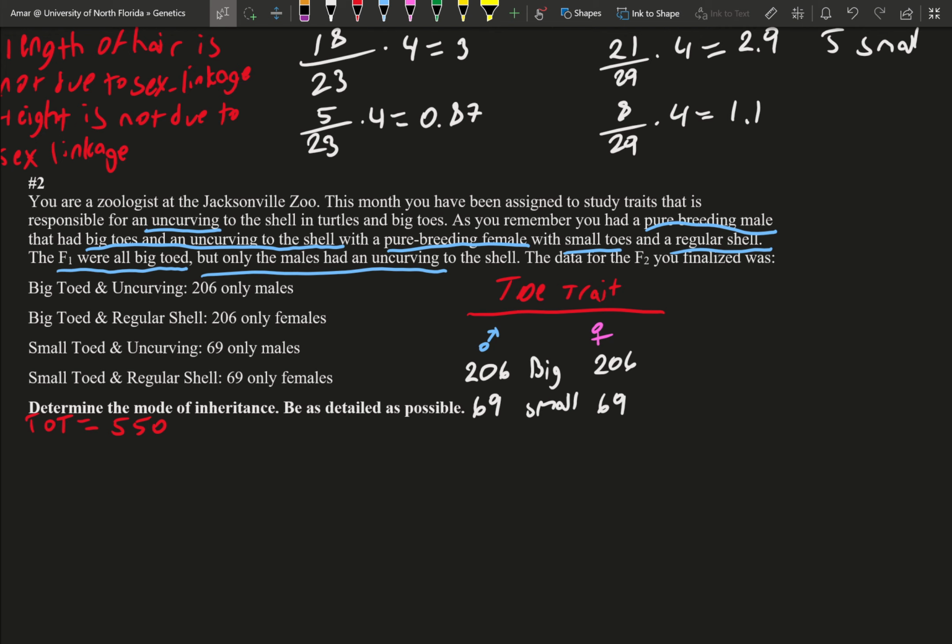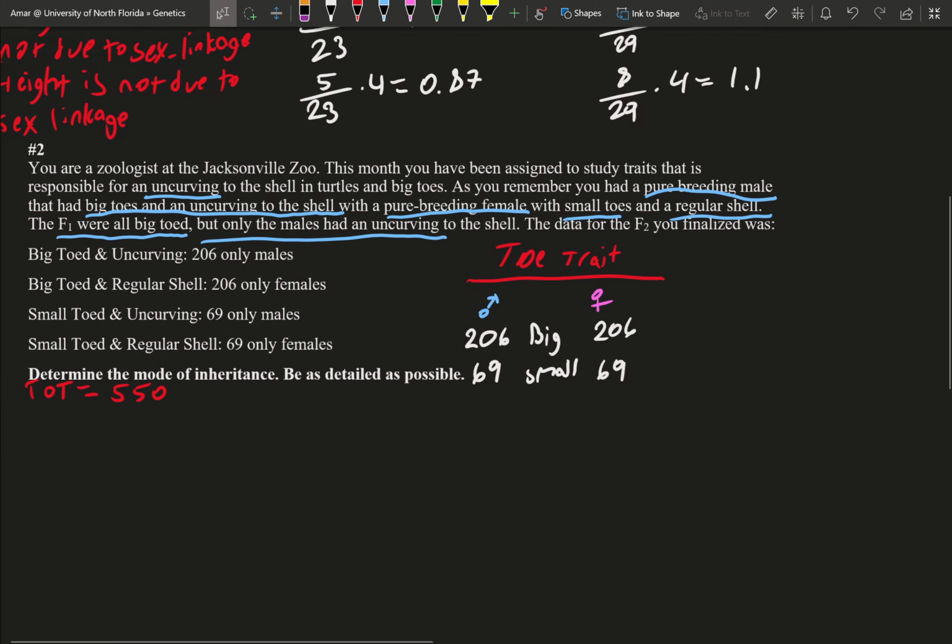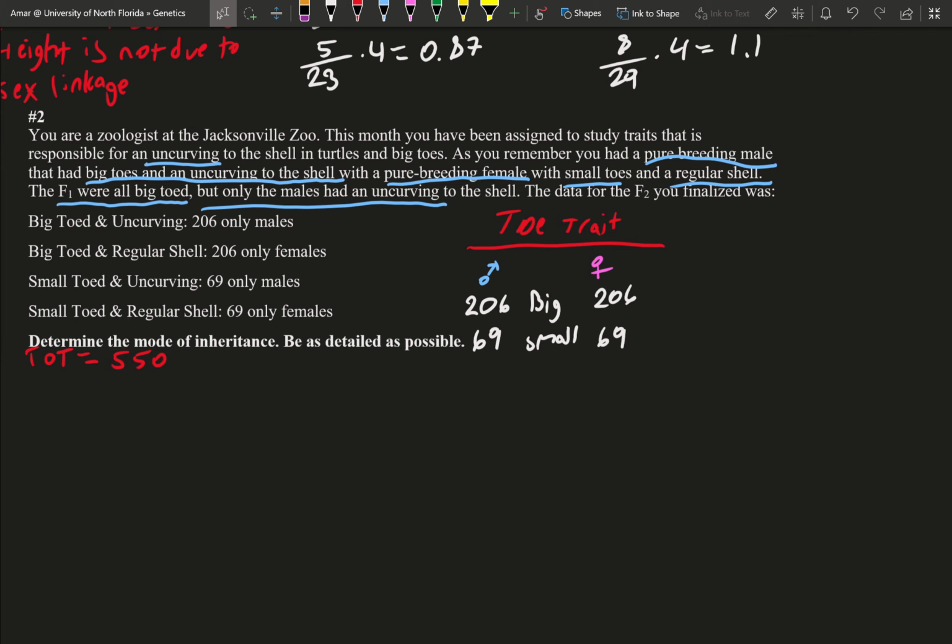But we can try out to figure out the ratios. So the total between the males, 206 plus 69 is 278. So 278, and the females as well. So essentially right here, it'll be 206 divided by 278. And because we suspect it's the big versus the small trait, it's due to a single gene, we're going to multiply by 4.